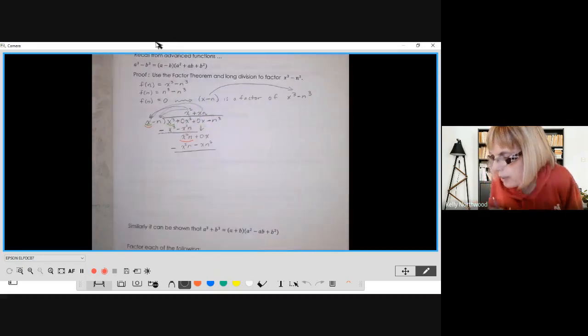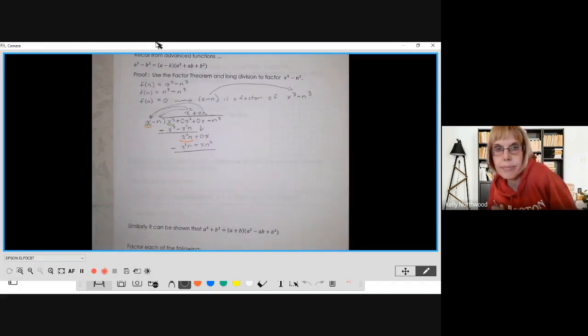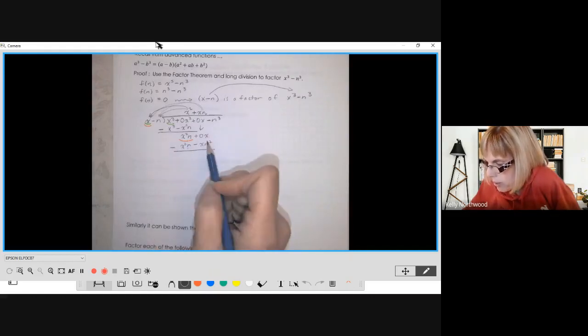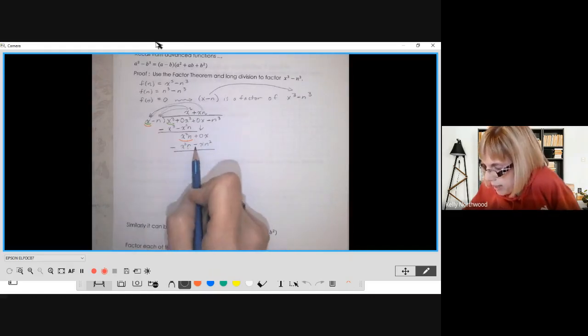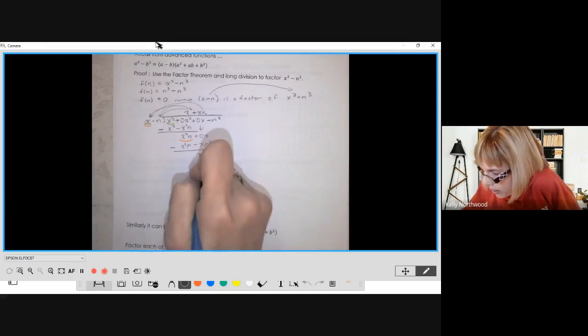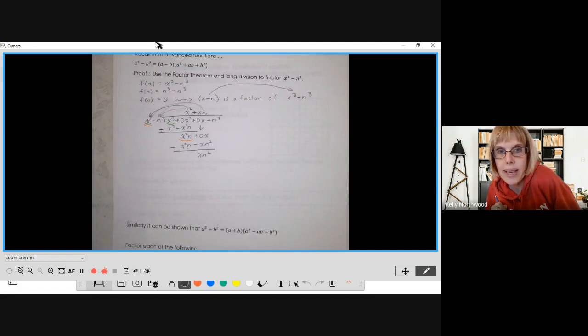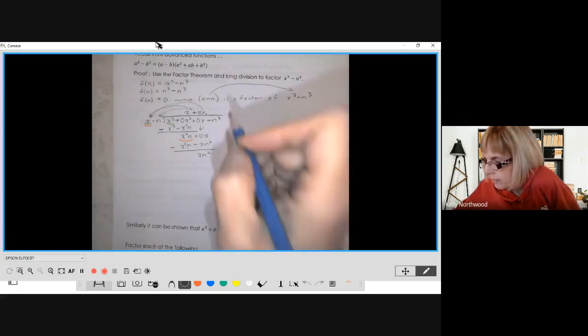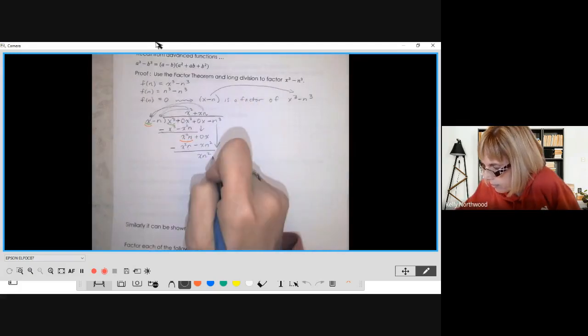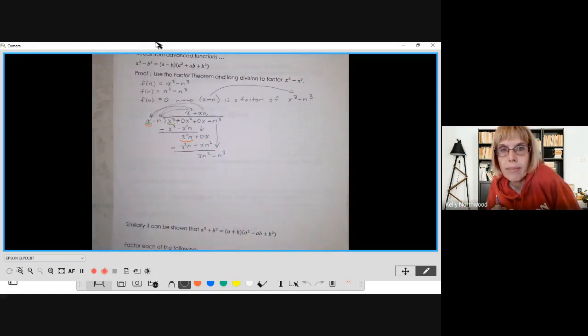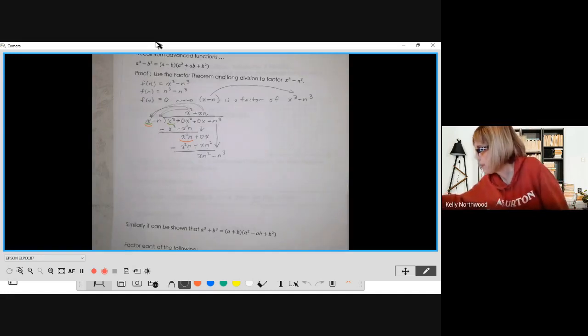And then we would subtract. My x squared n minus x squared n is 0. 0 take away negative xn squared is positive xn squared, and subtracting a negative is adding. And then bring down the minus n cubed.